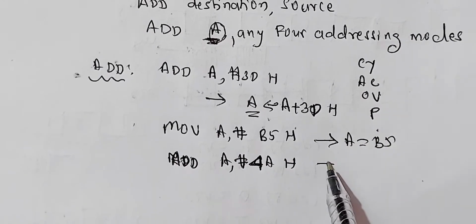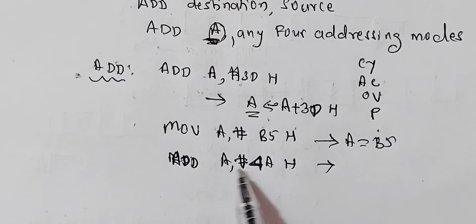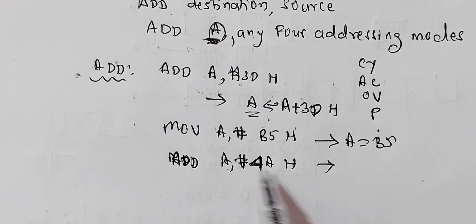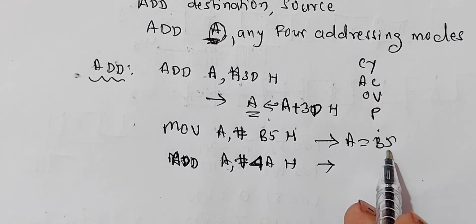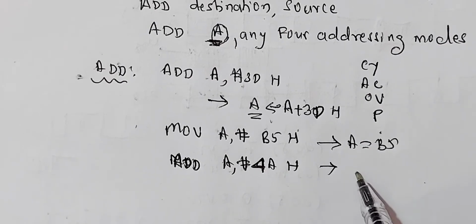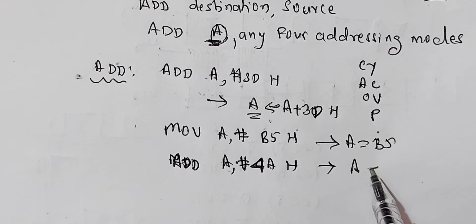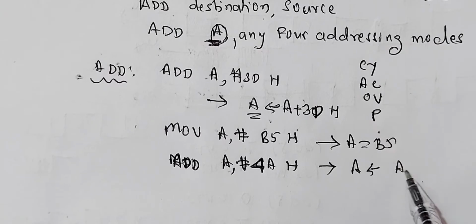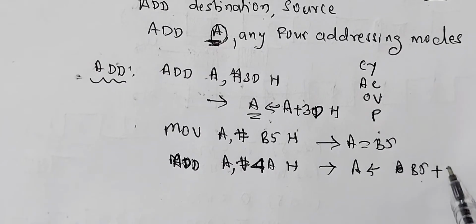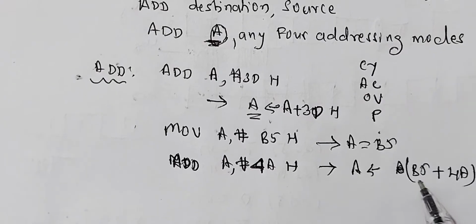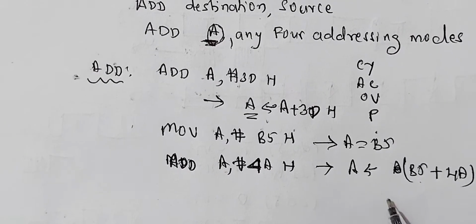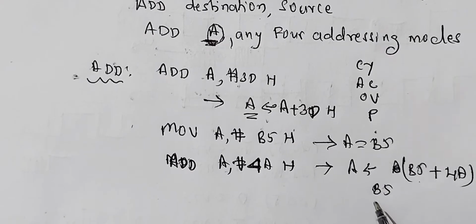Whereas this implies A is added with the number 4A, that is, B5 is added with the number 4A. Therefore, the result is stored in A. The result is B5 plus 4A, stored in A only. What is B5 plus 4A?